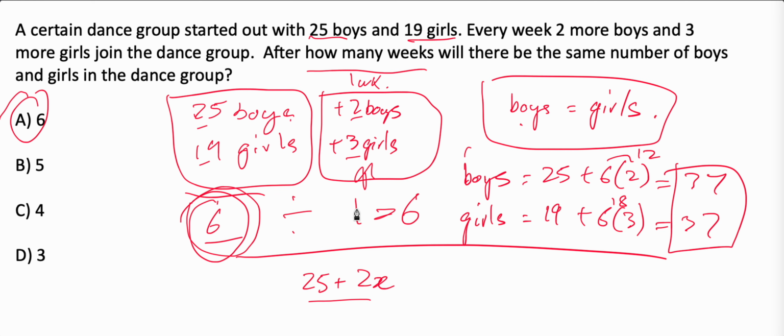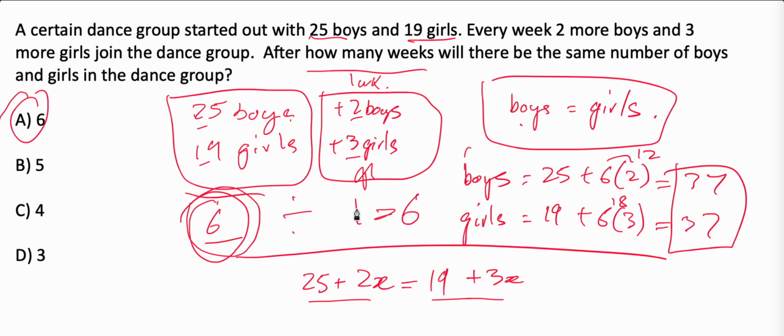And then that equals girls, which is 19 plus 3x. Your starting point is 19 girls plus each week you add 3 girls to the team. So 3x on this side represents the total girls after x weeks.